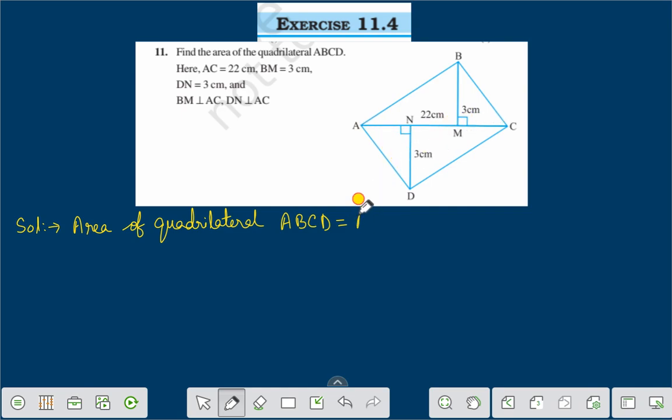That is area of triangle ABC plus area of triangle ADC.